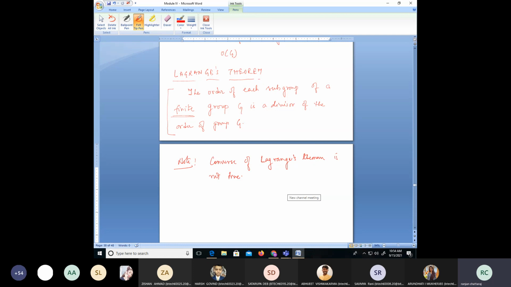Although 1 and i is a subset, it is not a subgroup. So if H is a subgroup, then the order of H must divide the order of G, but the converse is not true. That means it doesn't follow that if the order of H divides the order of G, then H is a subgroup. Is it clear what I'm saying?